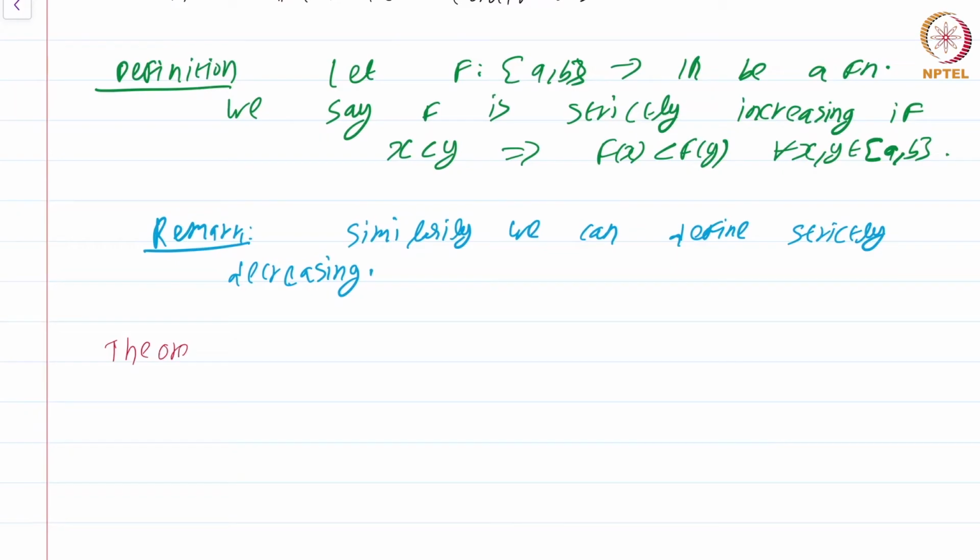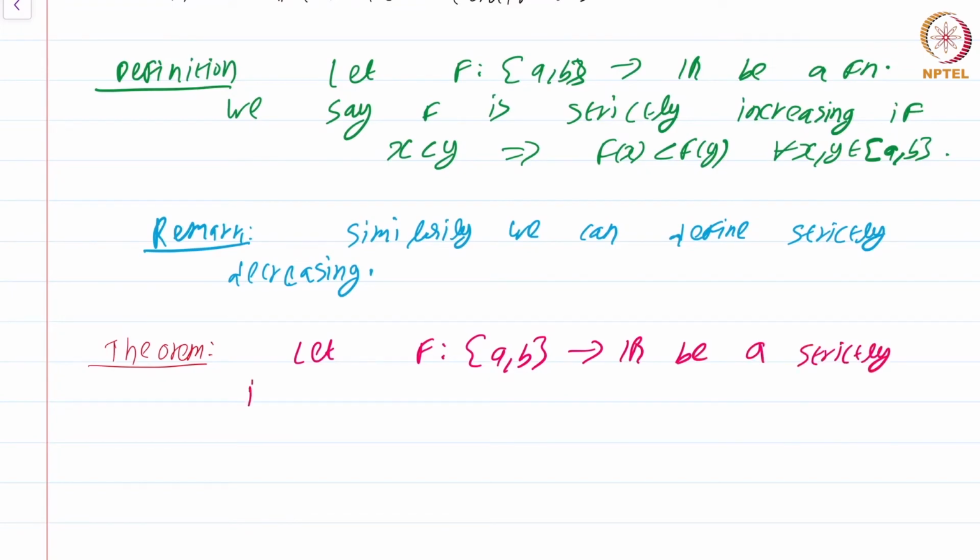Theorem: let f from [a, b] to R be a strictly increasing function that is Darboux continuous.